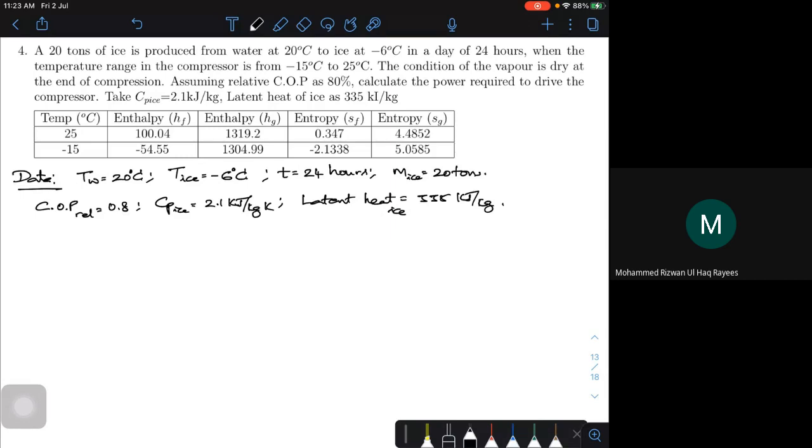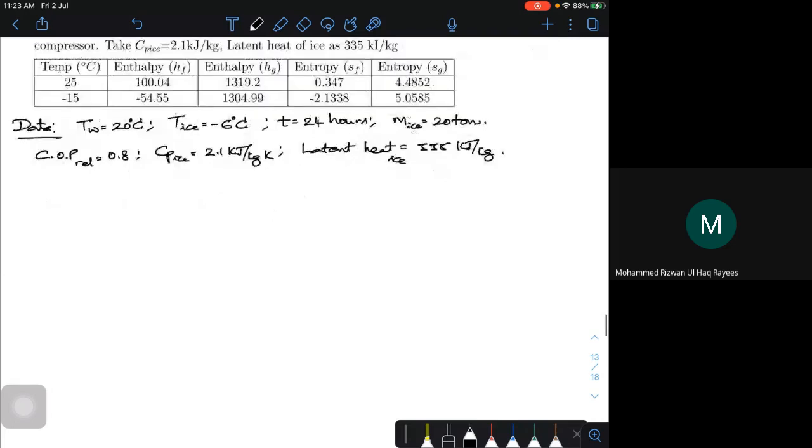Now what happens if I represent this on a TS diagram or a pH diagram, which is what is required for refrigeration?